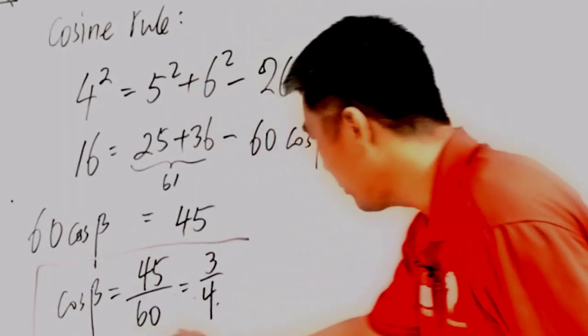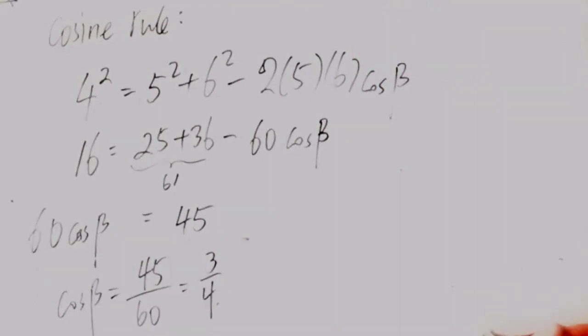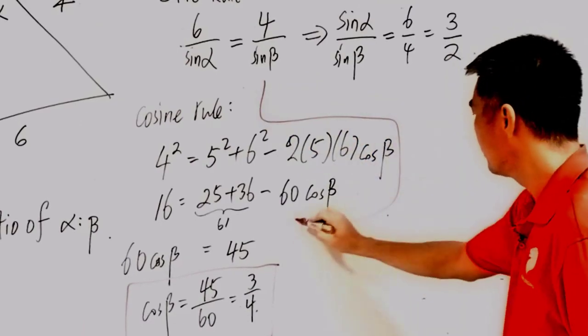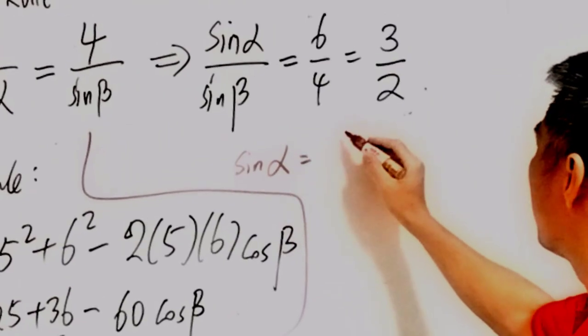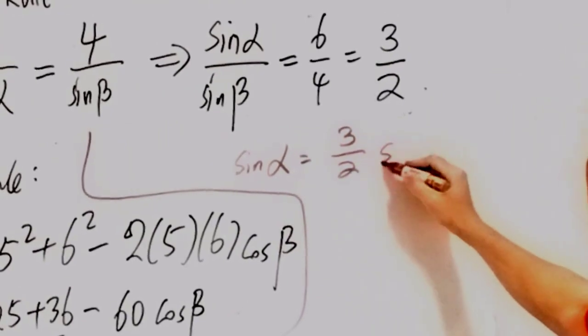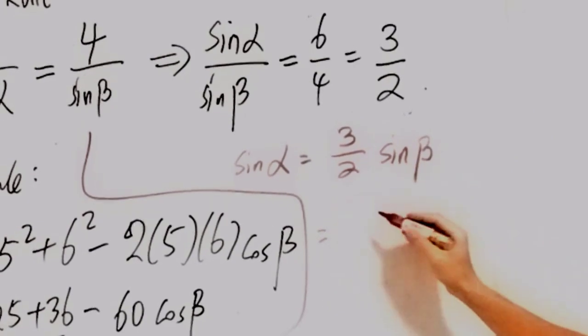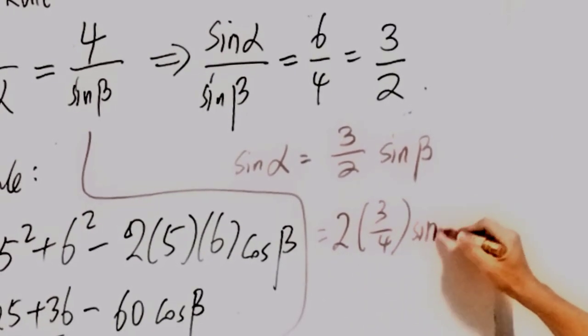Now, later on, we're going to use the value of cosine beta equals 3 over 4 here. Let's continue. So this means that sine alpha equals 3 over 2 sine beta. 3 over 2 is 2 times 3 over 4, times sine beta.